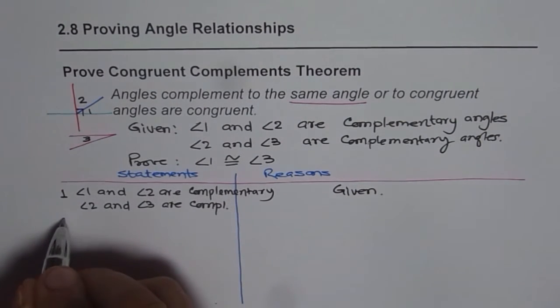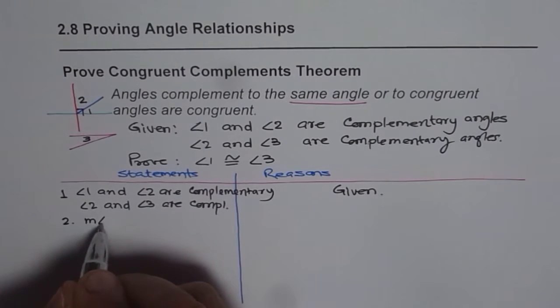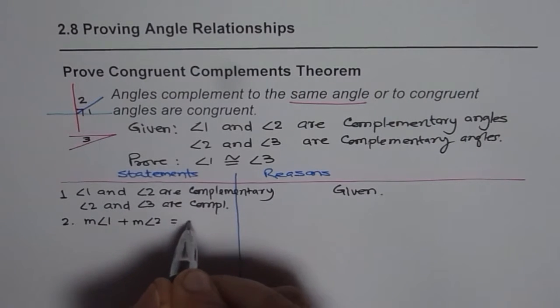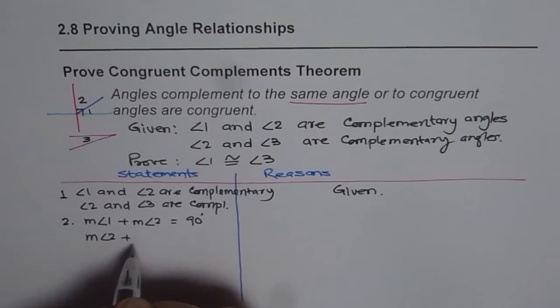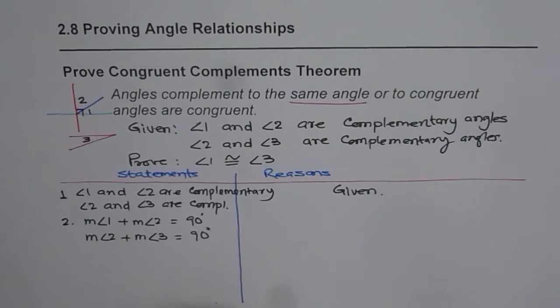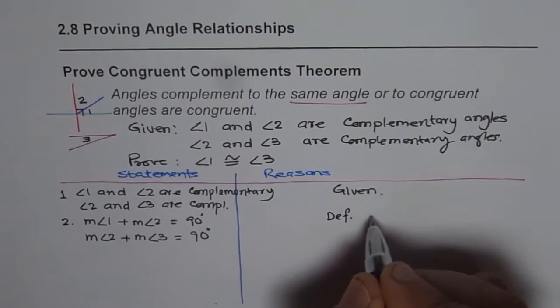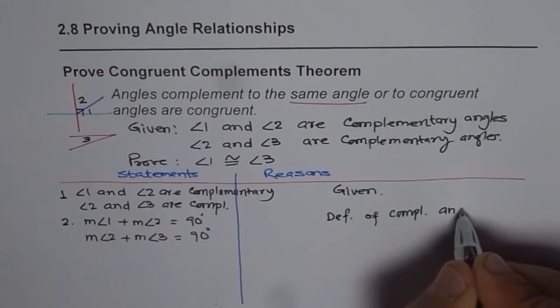Okay. Now if they are complementary, it means what? It means that the measure of angle 1 plus the measure of angle 2 should be 90 degrees, and the measure of angle 2 and the measure of angle 3 should also be 90 degrees, right? That is the definition of complementary angles. Is it okay?